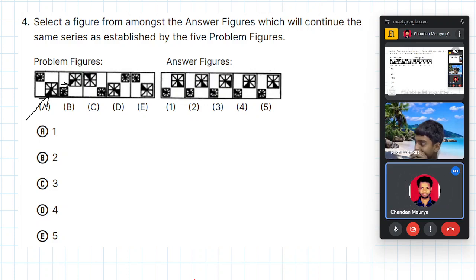After that, just leaving one, I got this. After that, leaving two, I got this. After that, one, two, three, four. Just look at the shaded part. They are going in some ratio, I can see.